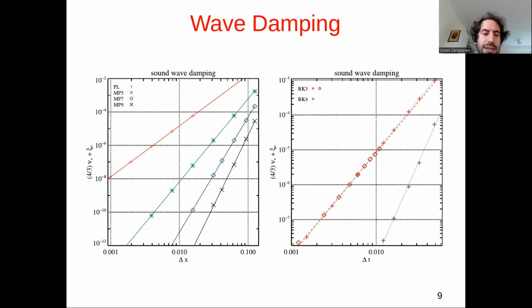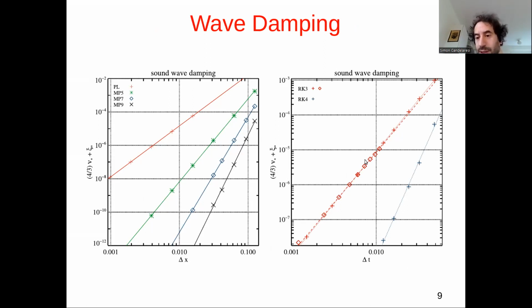What they found were actually these relatively steep slopes. They looked also at wave damping. On the left, we have sound wave damping with delta x, using different orders of spatial discretization. You see it gets very steep for high order discretization, like this black curve over here, and shallow for low order discretization, like fifth order, the green one with the stars.